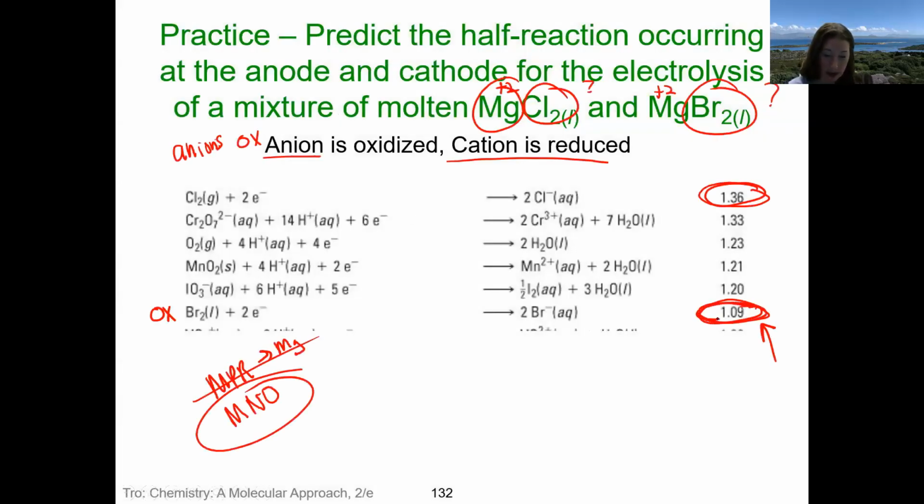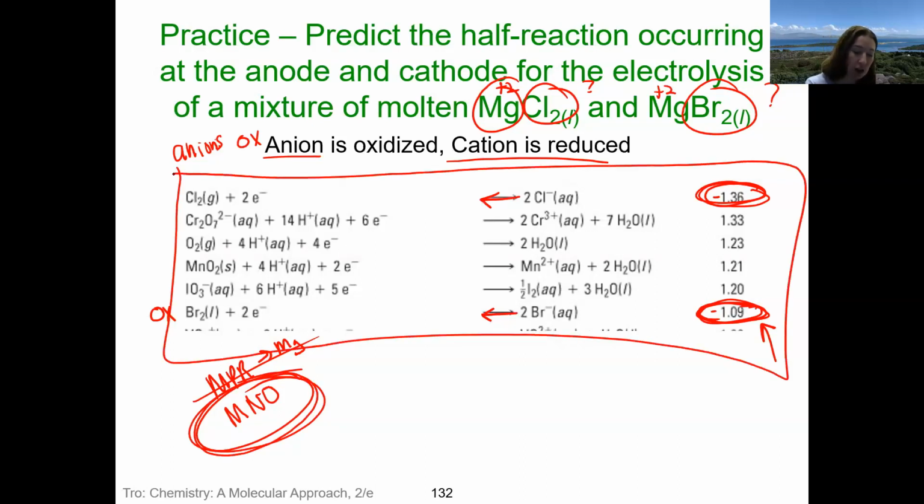So this one's our more negative. And remember, they're oxidations, so these are actually going to go backwards, which means these are both going to switch. But when I'm talking about more negative and more positive, I'm talking about the original reduction potential, okay?